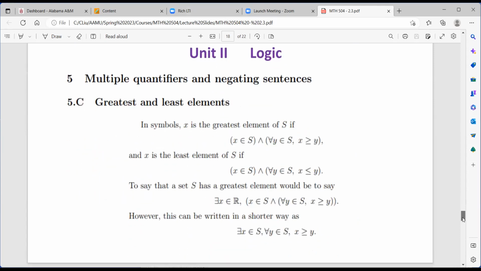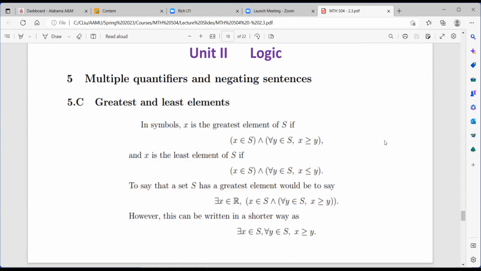Since we introduced quantifiers, the two quantifiers, then we can use those quantifiers to define the greatest and the least elements.